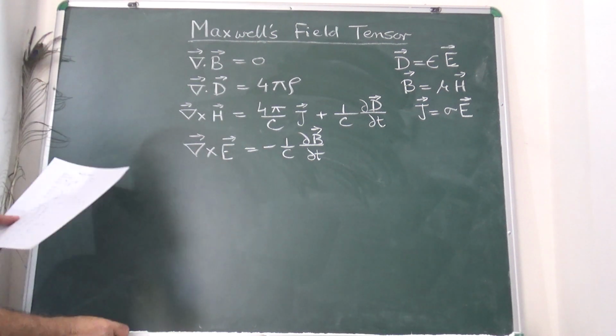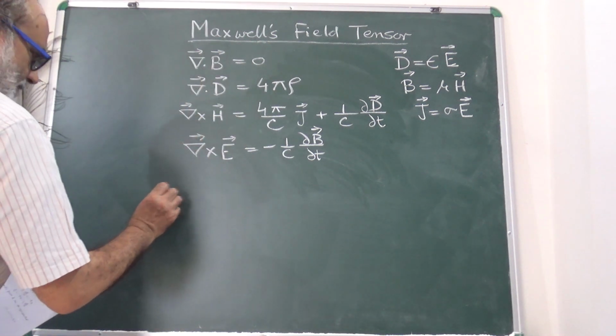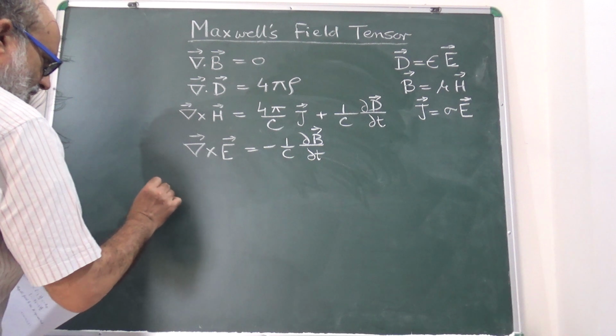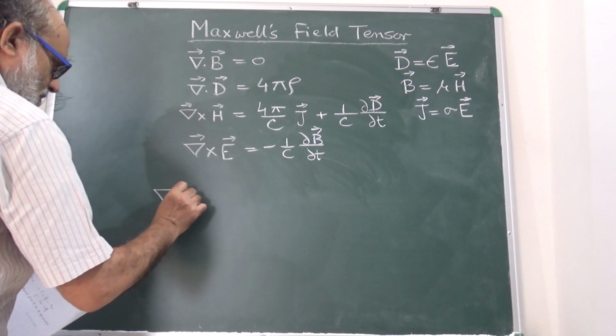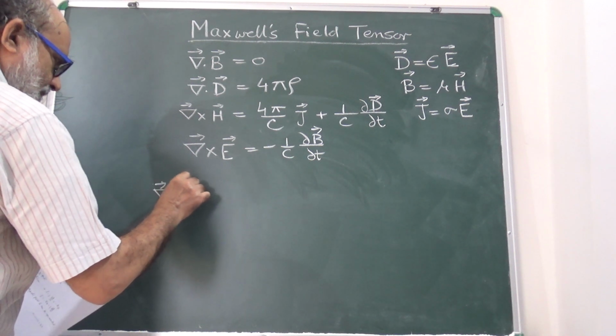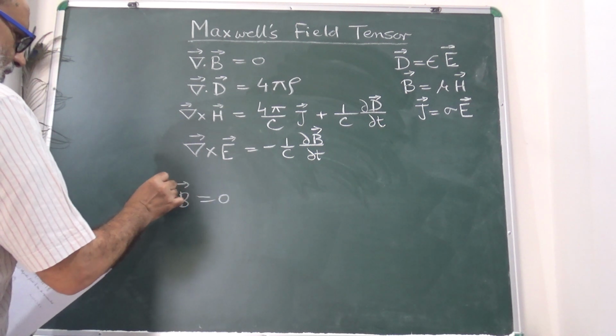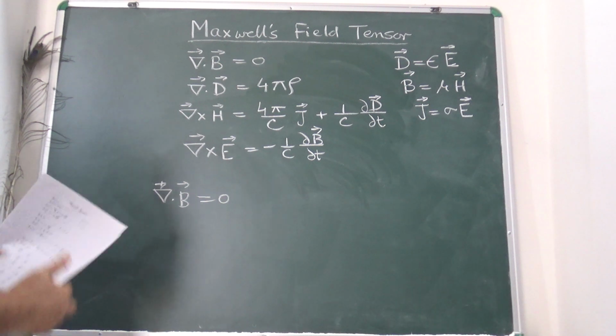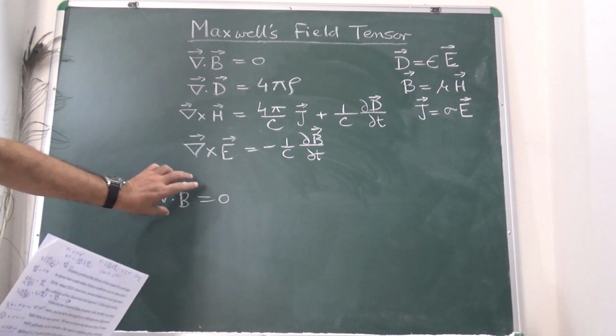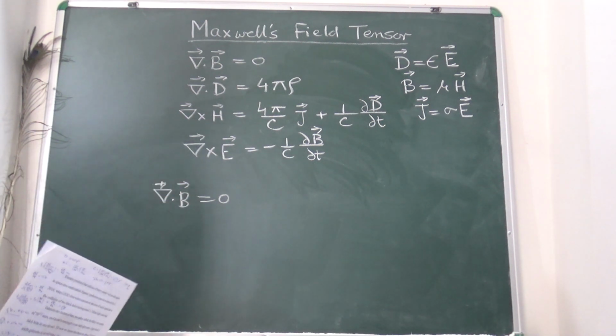So the first one: we have divergence of B is 0. We know that the divergence of a curl is 0. It means we can assume B to be the curl of some vector field.